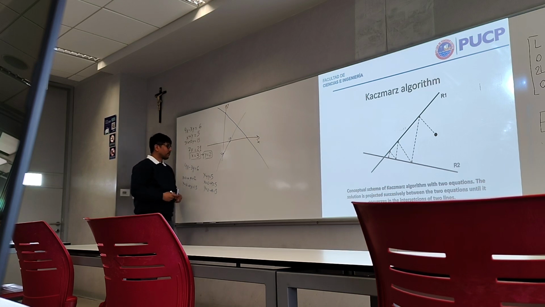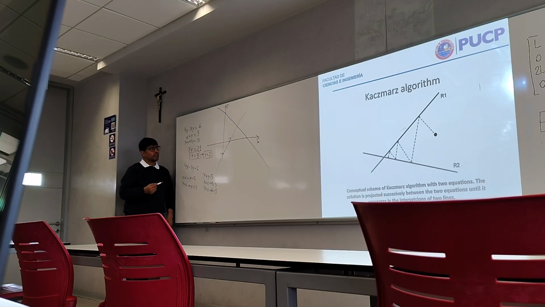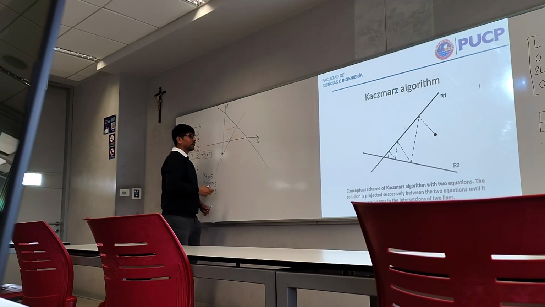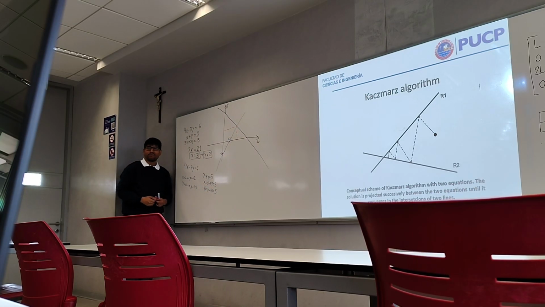And then the method here is, well, first of all, can you guess what are the coordinates of this point? What are the coordinates of this? 3, 2?